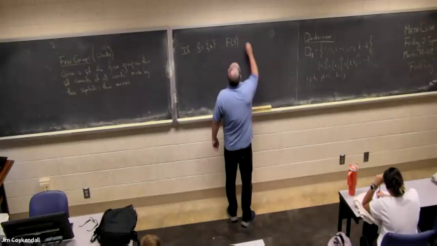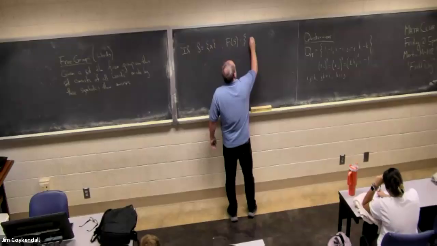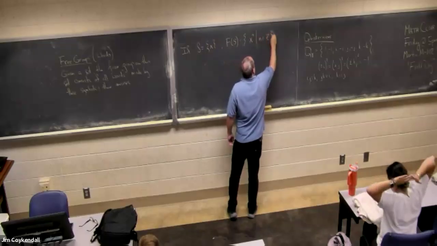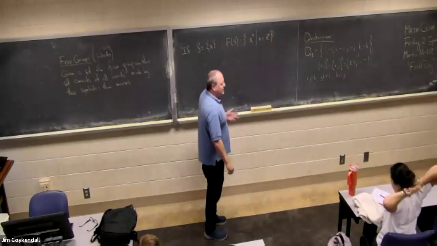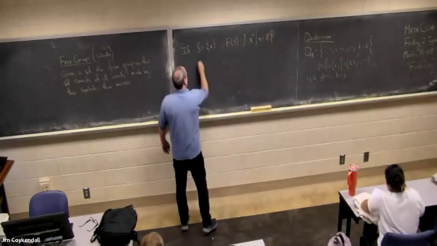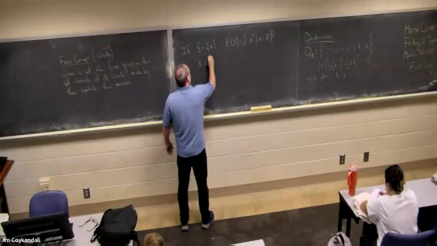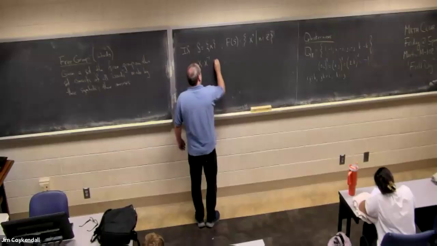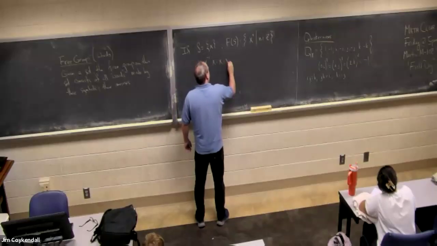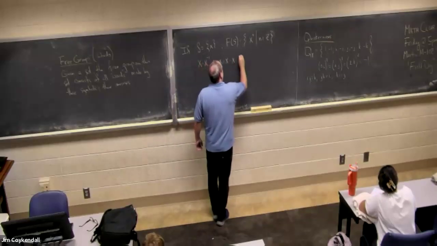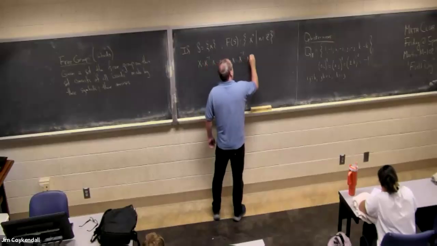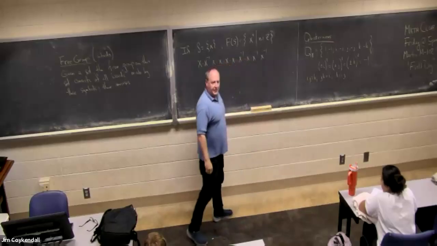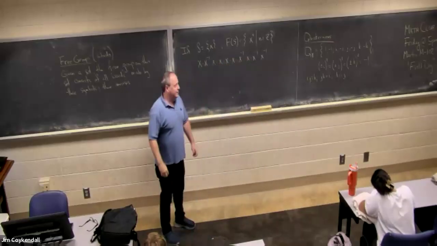So elements, this is the set. For example, I could make a word like this. The symbols I'm allowed to use here are any letter, in this case x, and its inverse. This is an example of an element of this.